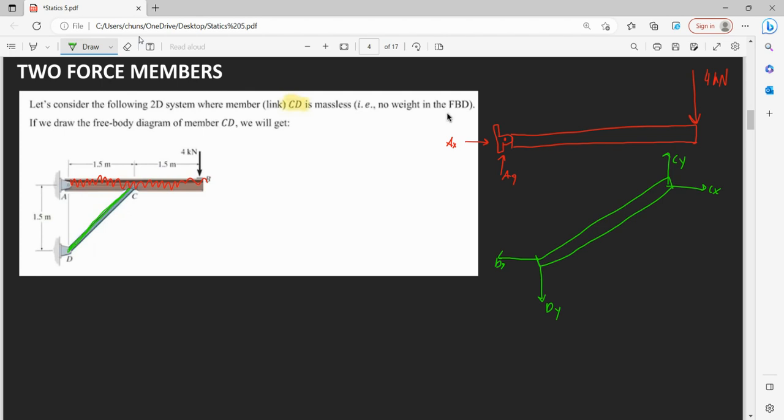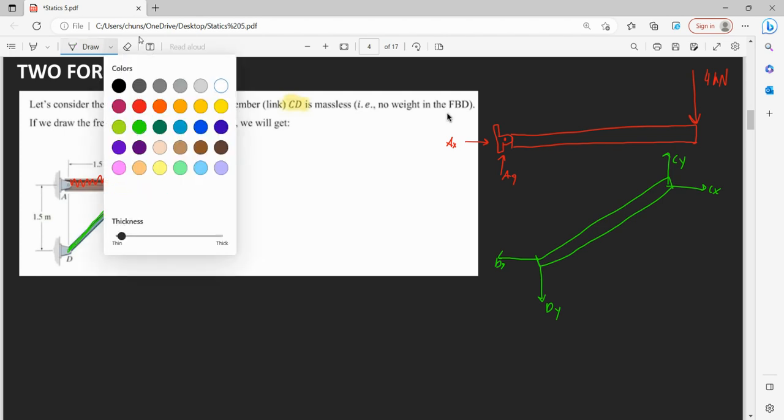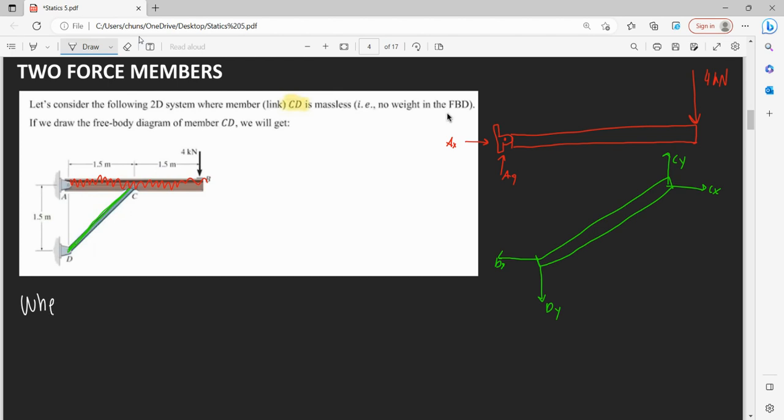So we have too many unknowns here, so I forgot to detail this, but we can go through it now. So when solving unknowns, we have three equations we can use.